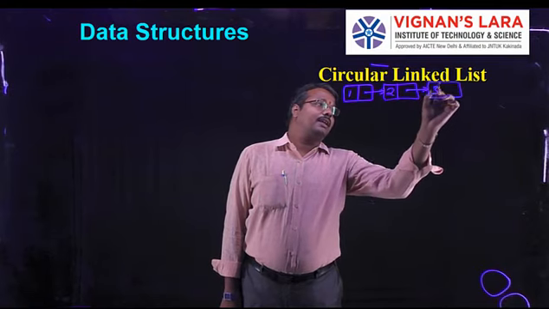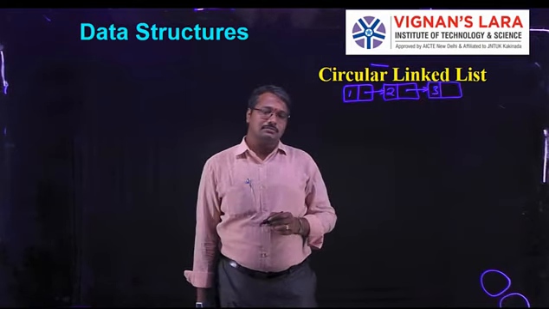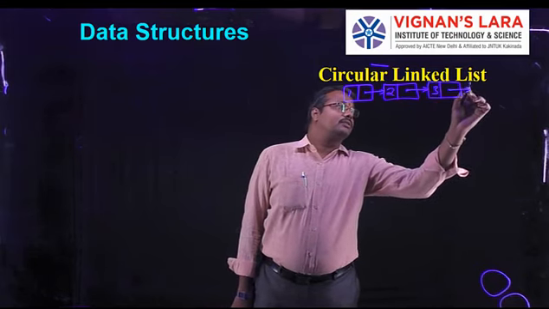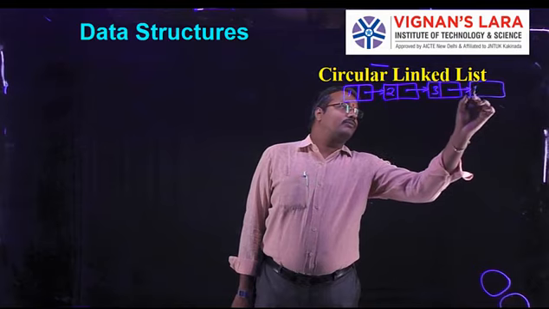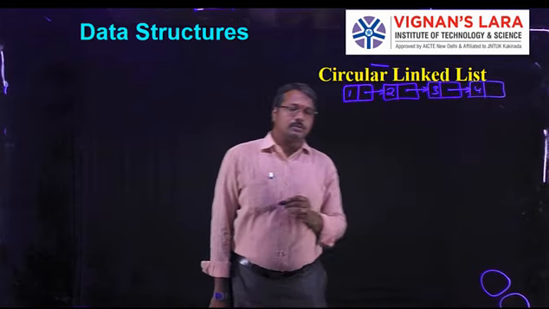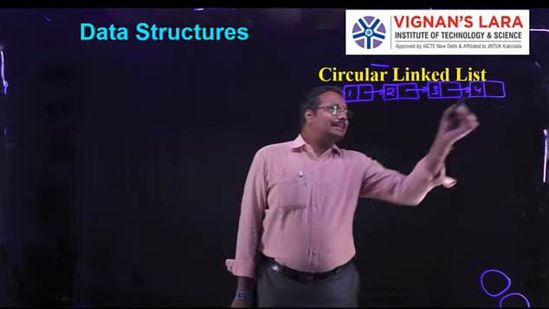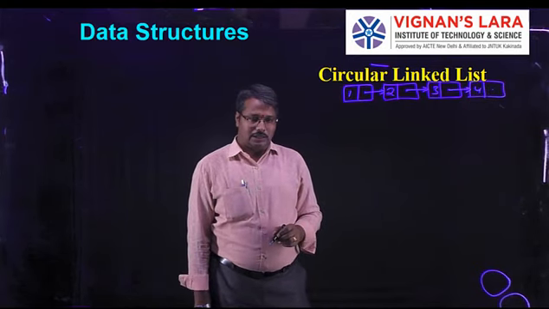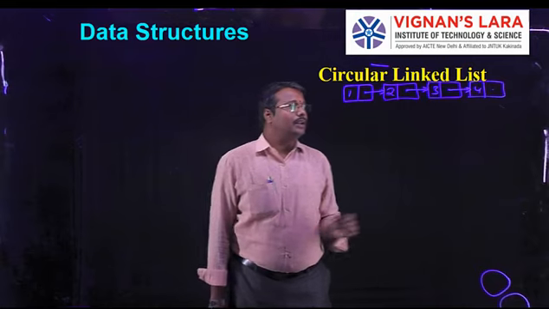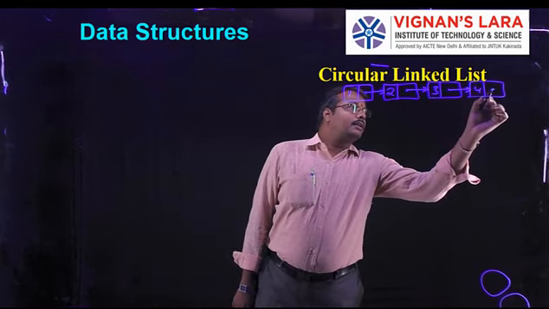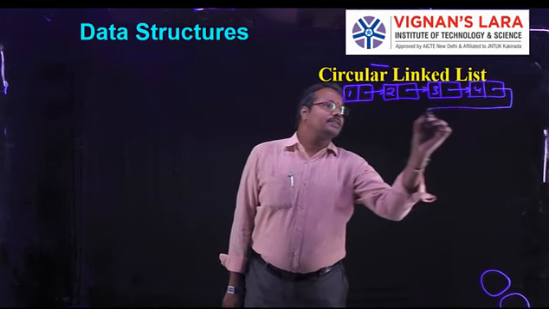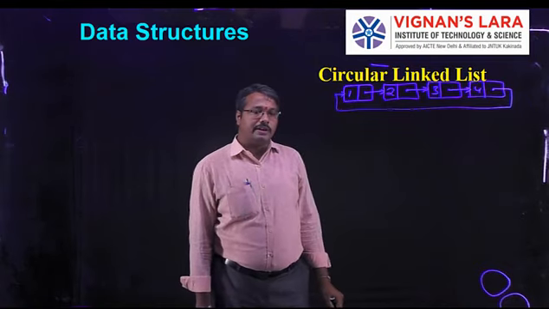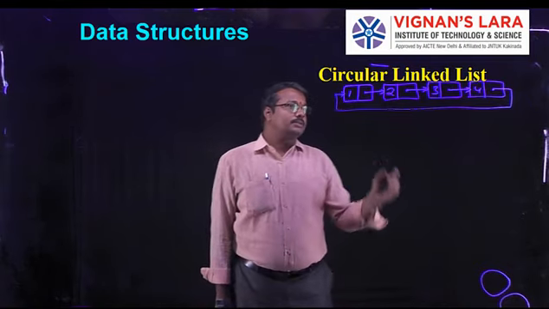After that 3 is an element, with the address of the next node. At last 4 is an element. In general, the last node points to null. Here I am copying the starting node address and pointing to it.